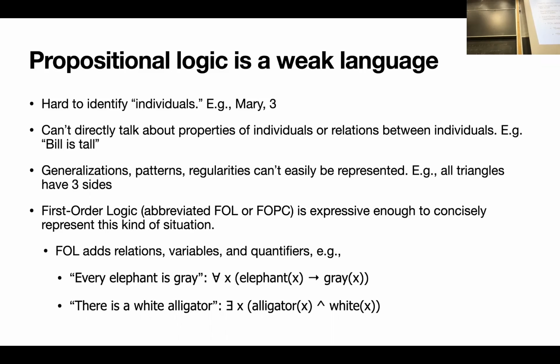We always have to be talking about a domain, for example all the animals on the planet or all the entities on the planet. Then that would mean that every element in our domain is an elephant and is gray. It would say a different thing in English, but it would be syntactically correct. It would be a correct sentence otherwise. Any other questions? No?